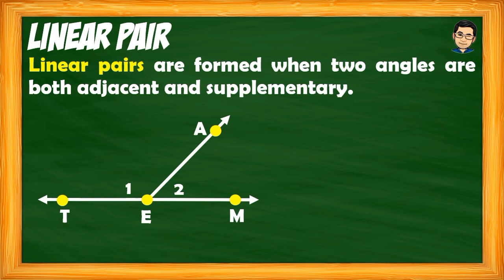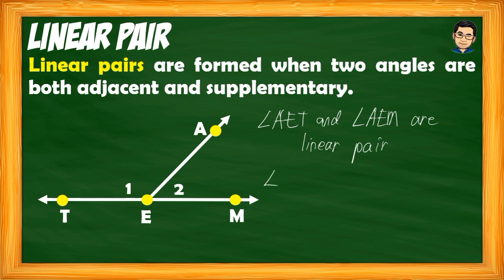Like for example, angle AET and angle AEM are linear pair. Because adjacent sila, at the same time, supplementary. Kasi yung sum nga nila is 180 degrees. Or pwede rin namang angle 1 and angle 2 are linear pair.